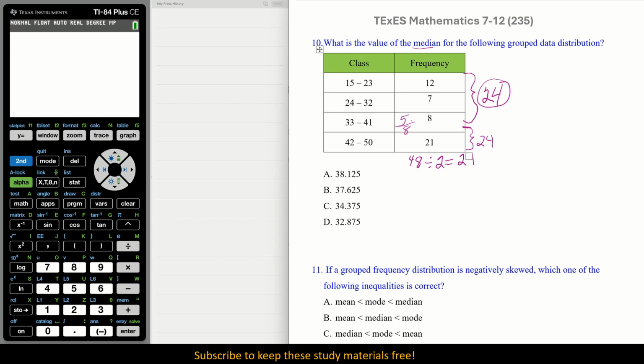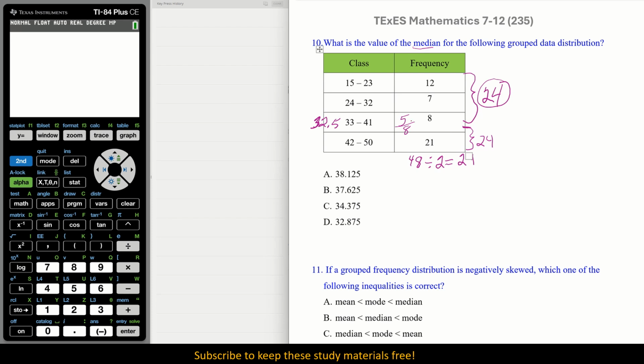Okay, then we look not at the limit, we look at the lower boundary. And that lower boundary is 32.5. We look at the lower boundary because we're trying to capture everything in that class, all the possible numbers that could have been in the frequency, but we don't know what all those values are. So this is the best way we have to capture that.